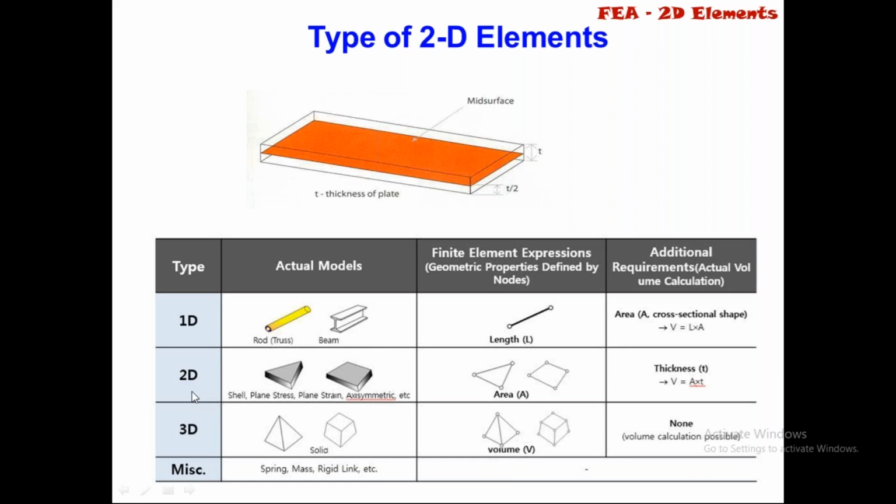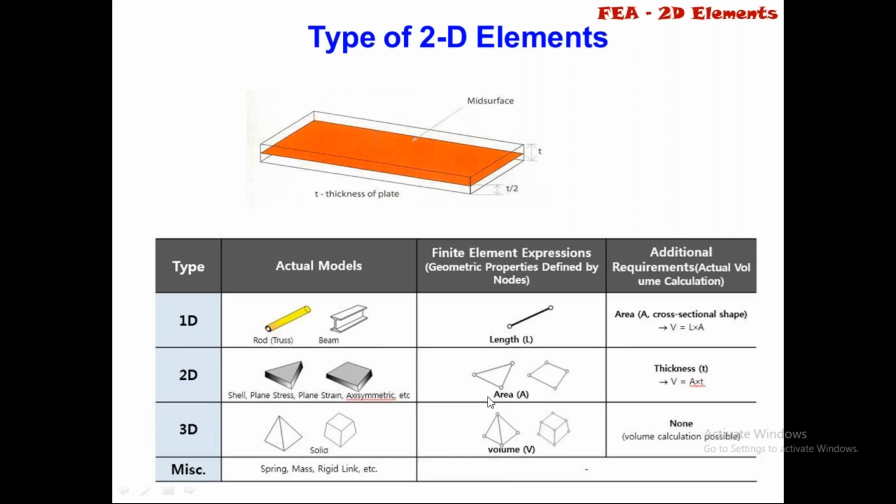Then for two-dimensional, we consider triangle and square. Examples are shell, plane stress, plane strain, and symmetric. These are the types of 2D stress analysis problems, and the element types are triangular, CST and LST, or in simple words, triangular, square or rectangular.